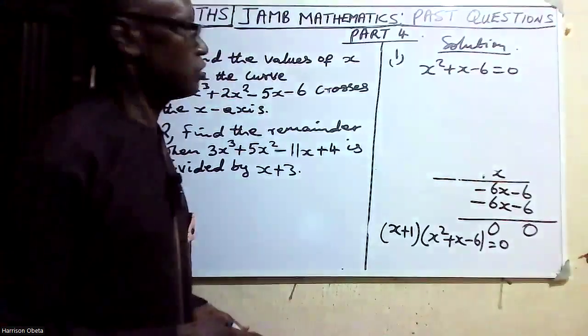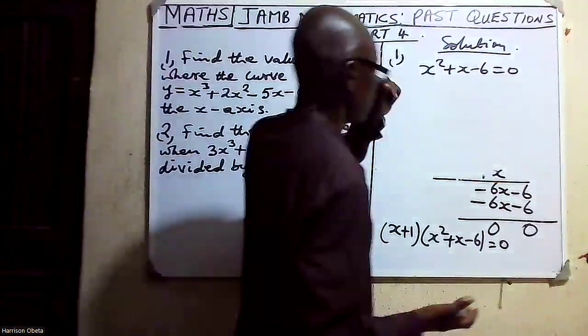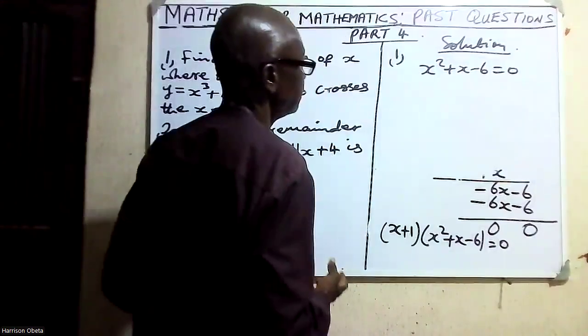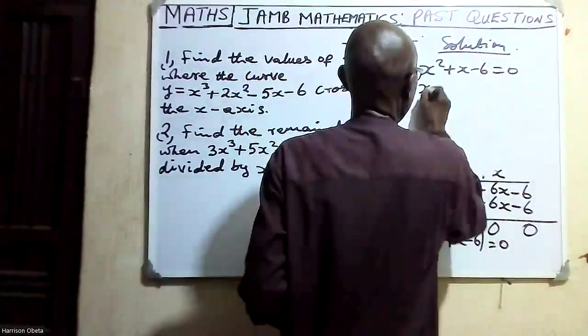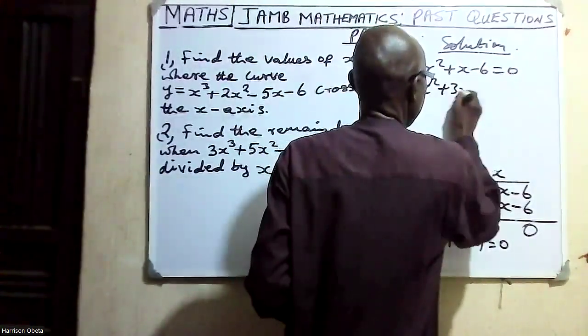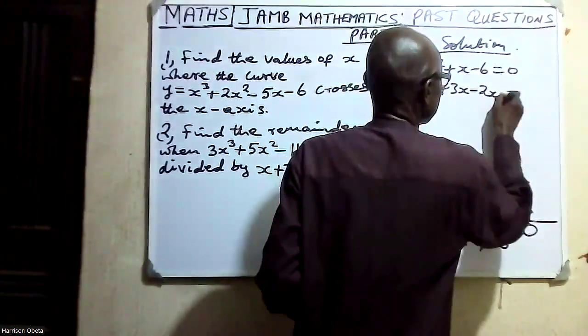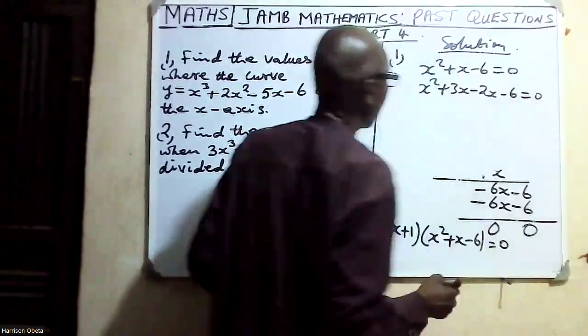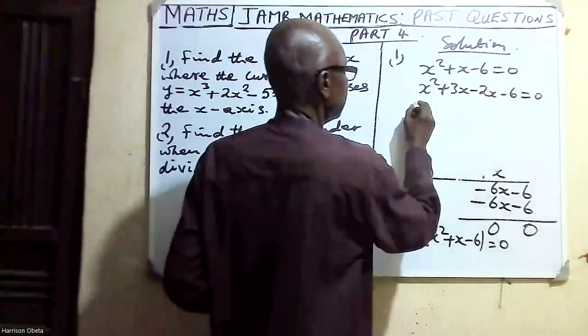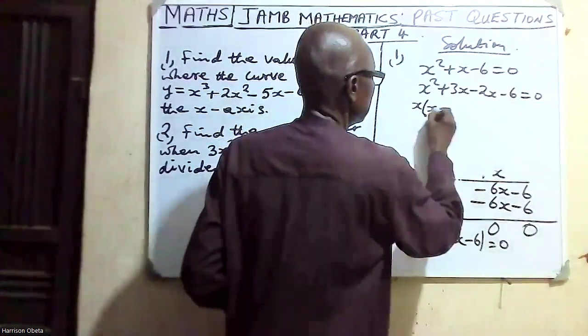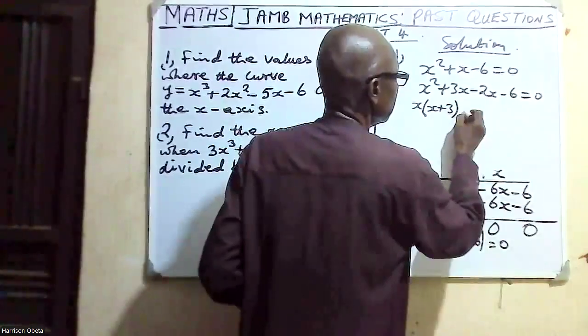And what are the factors? The factors should be plus 3 and minus 2. So this will be x squared plus 3x minus 2x minus 6 equal to 0. You can see that x is common, x plus 3.